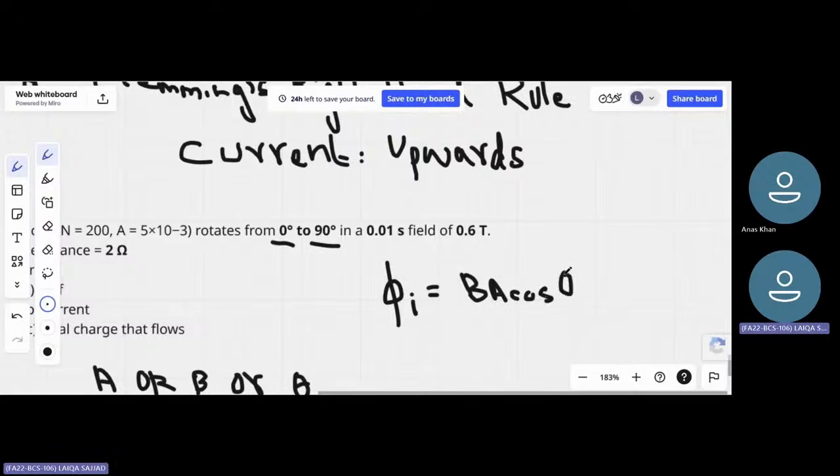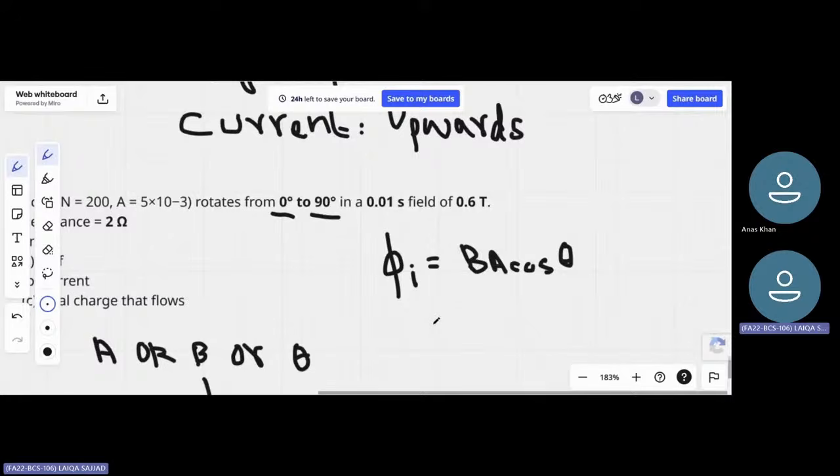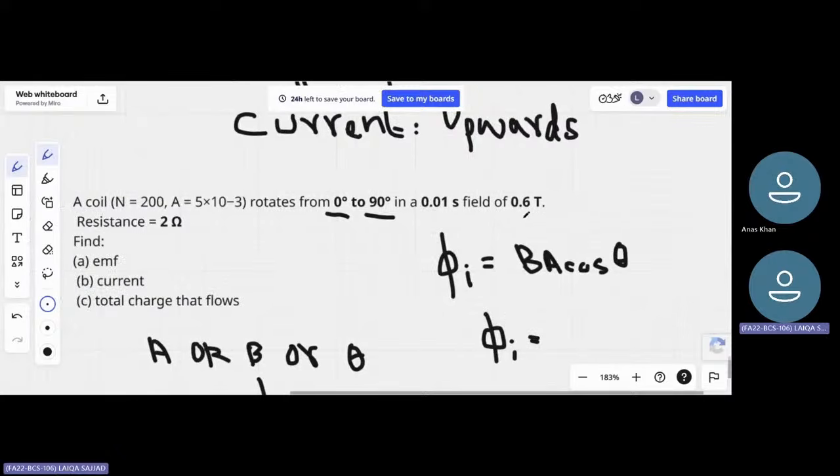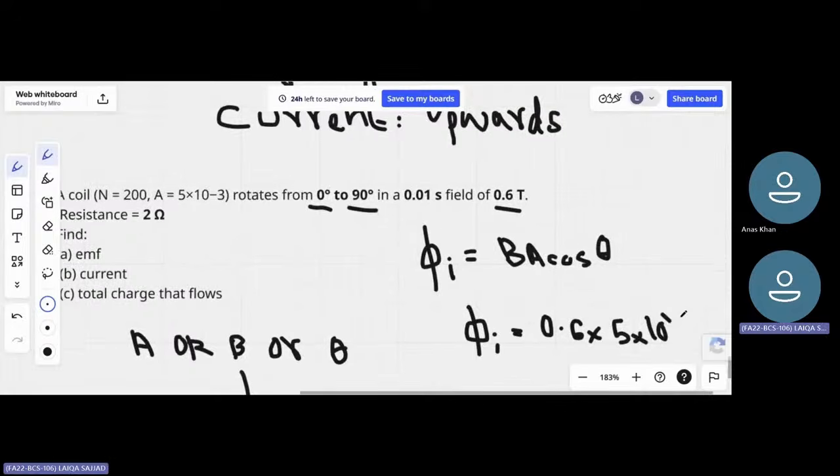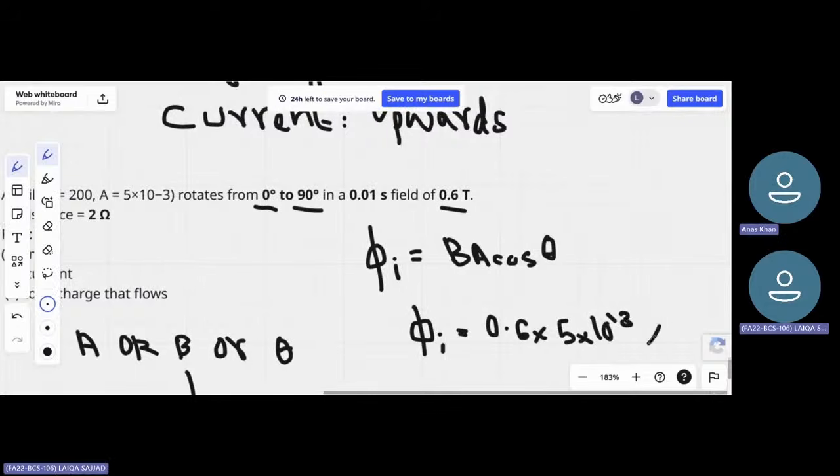B and A are constant. So it would be B, which is 0.6, times area, which is 5 into 10 raised to power minus 3, times cos 0.